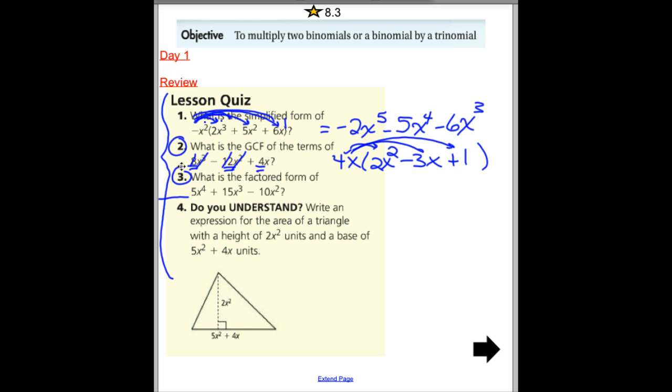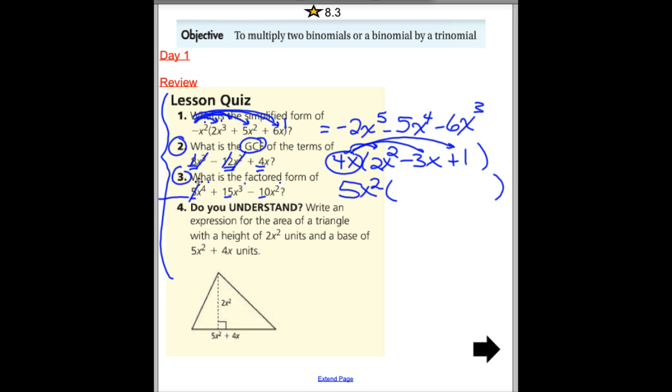And number 3. That one actually just said, what is the GCF? I went too far on it. The GCF is 4x. Number 3 asks me to do what I did in the previous one. So, what's the biggest thing I can pull out of each of those? A 5. How many x's can they give me? You can give me 4, you can give me 3, but you can only give me 2, so I have to go to the lowest one. Then, I divide that out of every term.